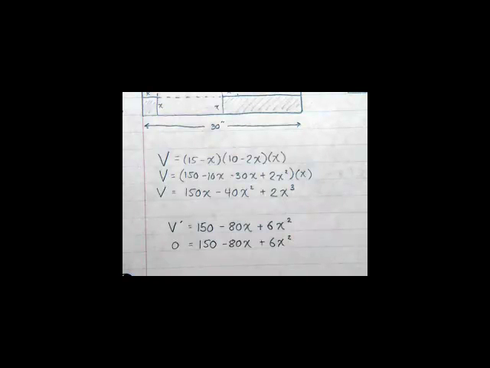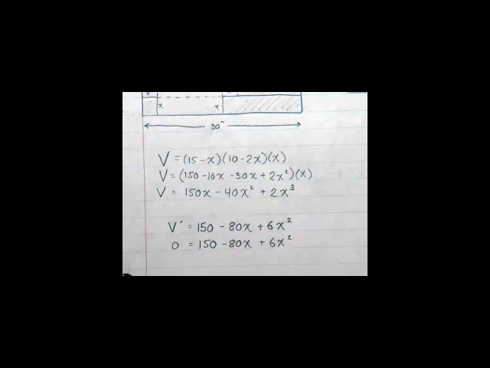All right, now if that's all equal to 0, before I start jumping into the quadratic formula or something like that, take a look at your three terms there. Can't we take out a GCF before we begin here? What's something that goes into 150, 80, and 6?